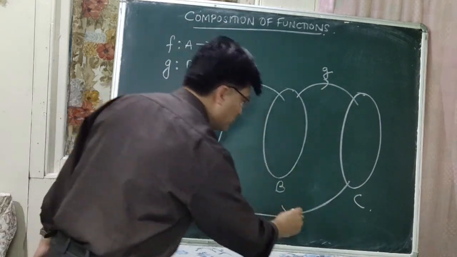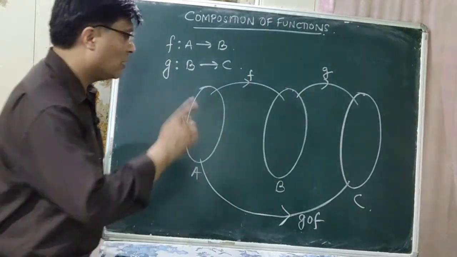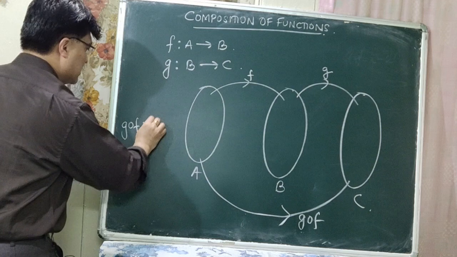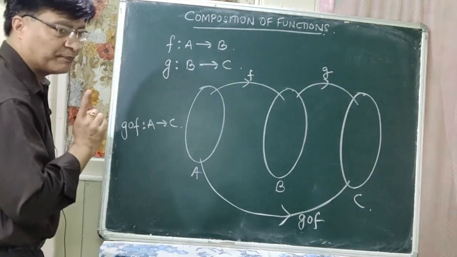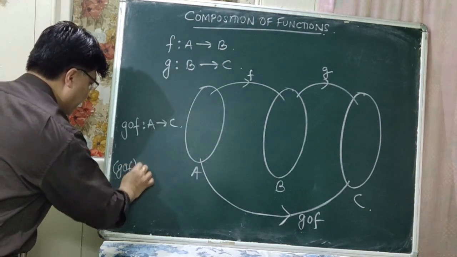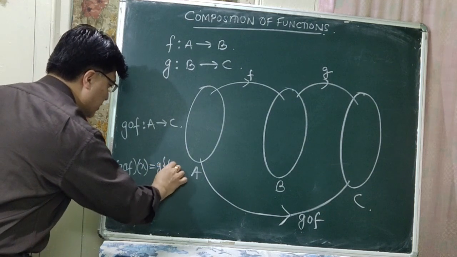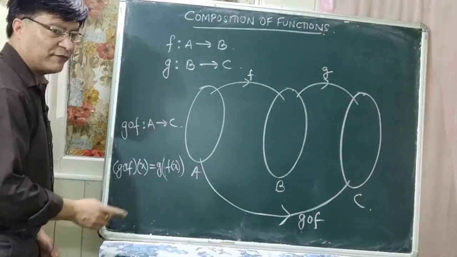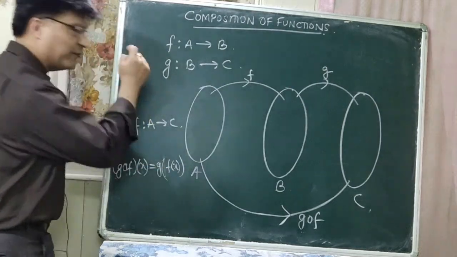Directly from A to C you have to write gof. gof is a function from A to C, and gof of x is defined as g of f of x.